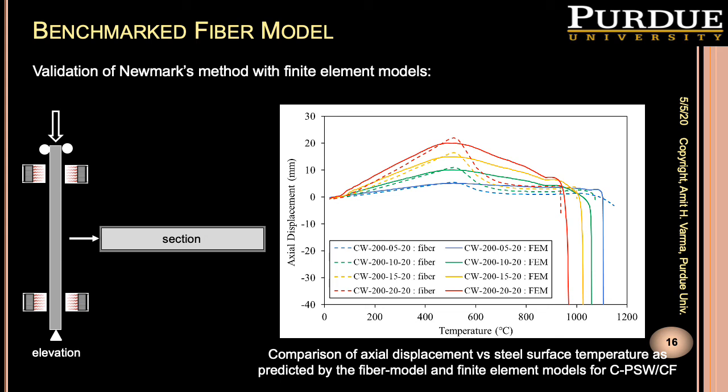The position of the peak axial displacements matches in the fiber model and the finite element models. The discrepancies can be explained by simplifying assumptions made in the fiber model.